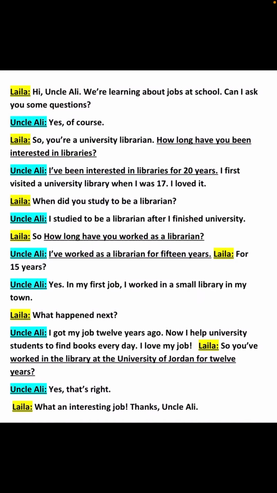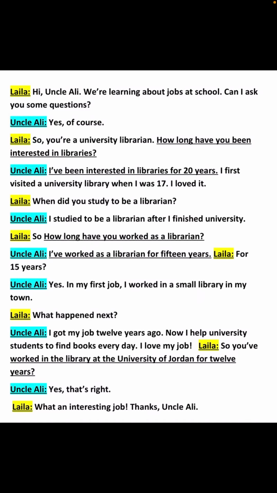Layla: So how long have you worked as a librarian? Uncle Ali: I have worked as a librarian for 15 years. Layla: For 15 years? Uncle Ali: Yes, in my first job, I worked in a small library in my town. Layla: What happened next?